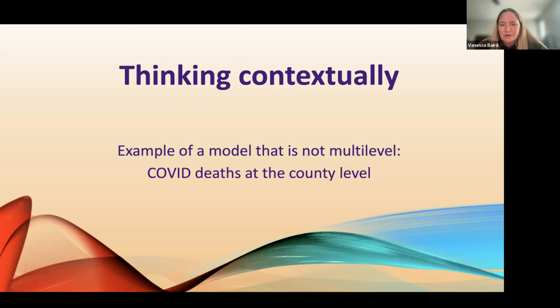Now, what is the trouble with thinking about data at the county level, where you're trying to model, if you found a correlation, let's say, between percent Trump votes and death in the county, what kinds of problems are there in making that inference?